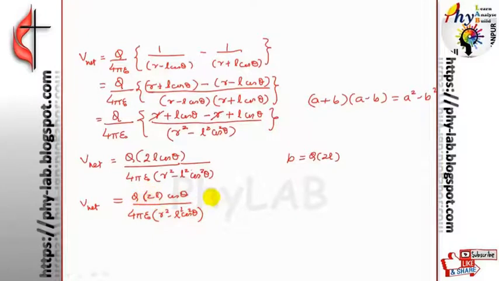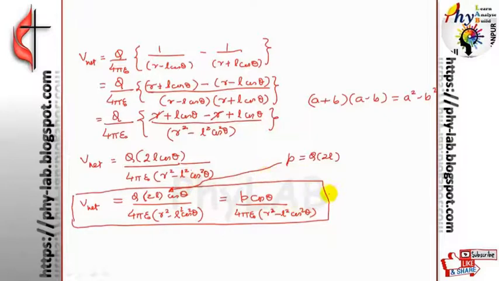Now Q into 2L is nothing but P. So I am replacing this Q into 2L with P, giving P into cos theta upon 4 pi epsilon naught R square minus L square cos square theta.